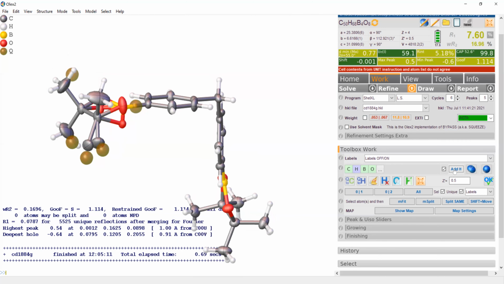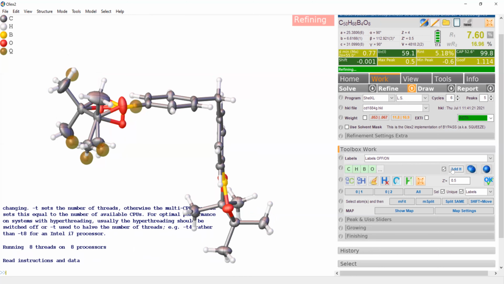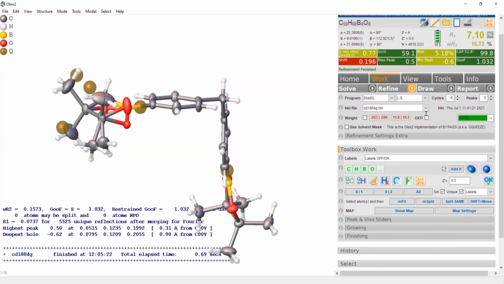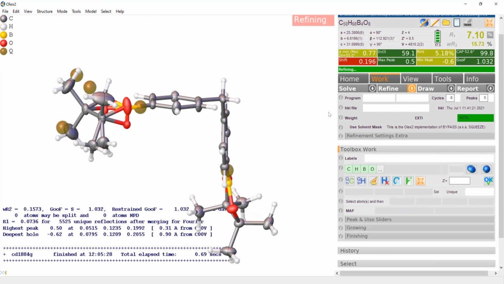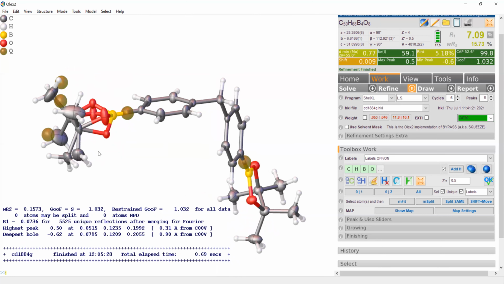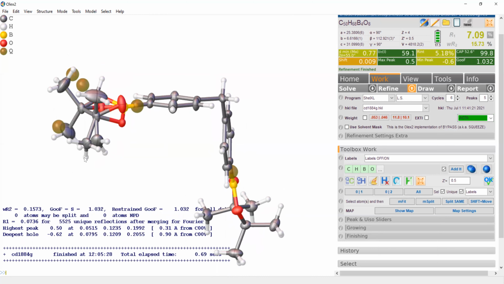Now let's add some hydrogens. There we go. We were just missing the hydrogen atoms. So now this one looks a little small, but it's okay.